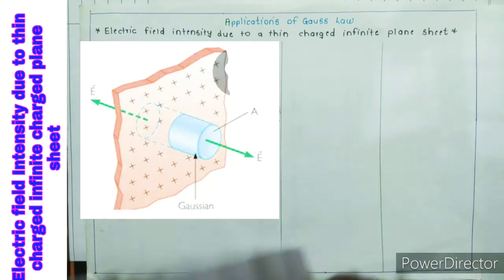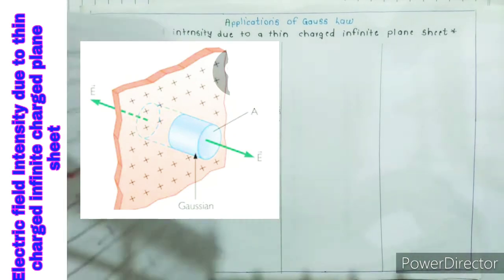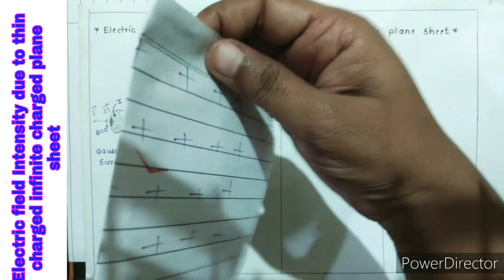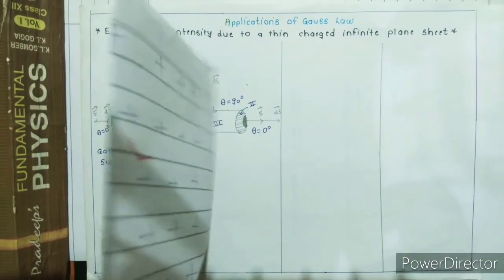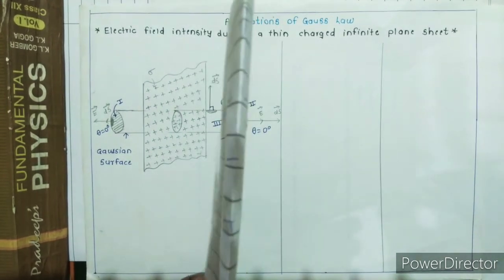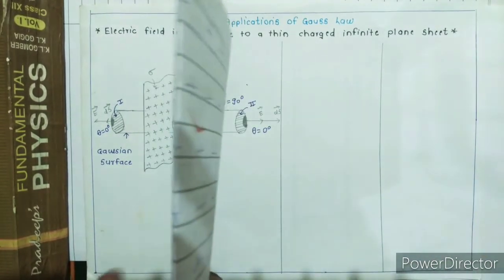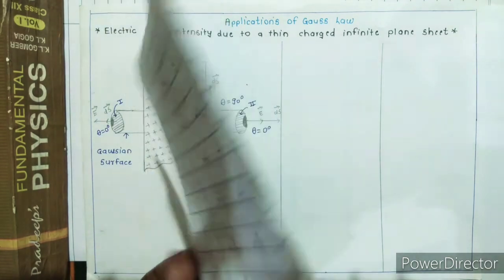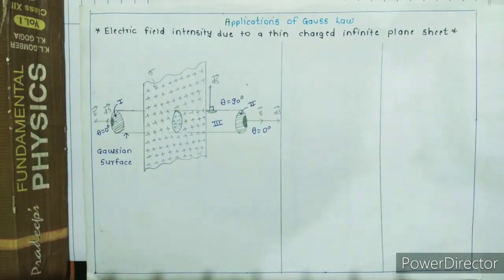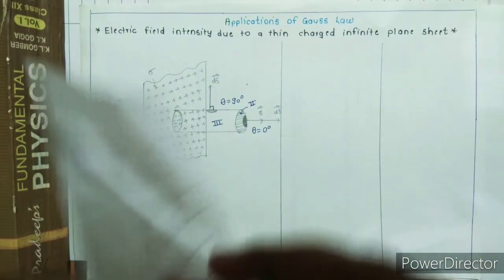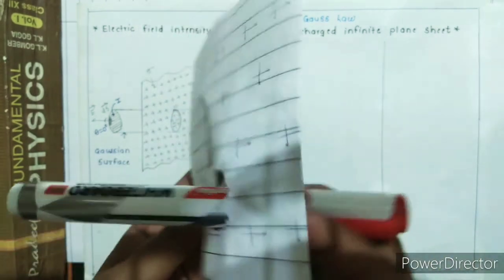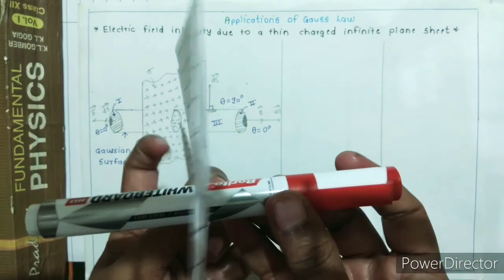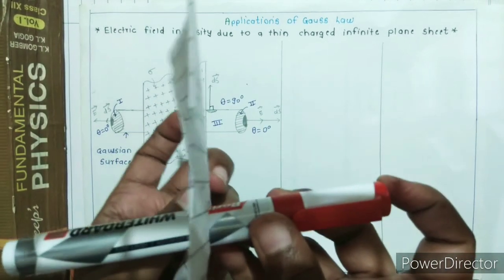Now consider, look at this, this is an infinite plane sheet on either side of which positive charges are distributed. So its direction will be radially outward like this. Fine. If a cylinder is passing through this infinite plane sheet like this, then some charge is enclosed in that cylinder.